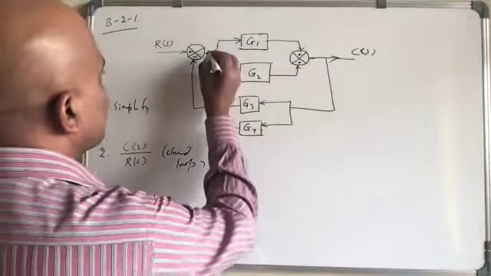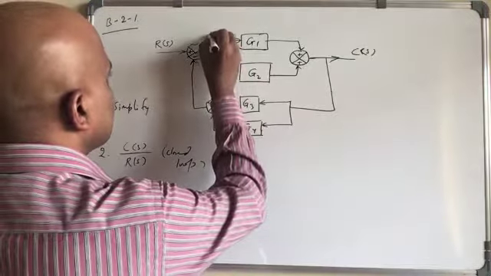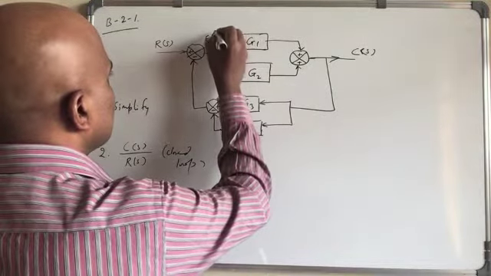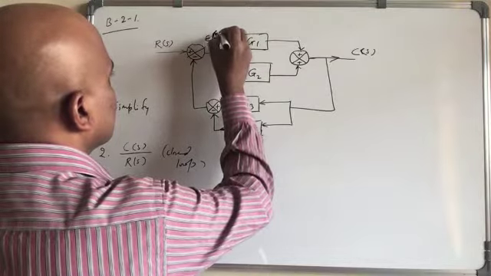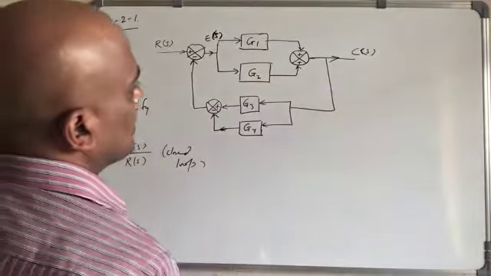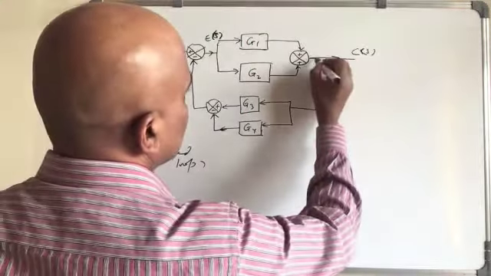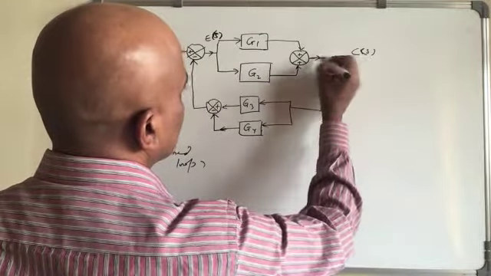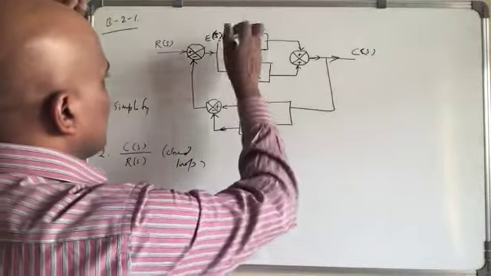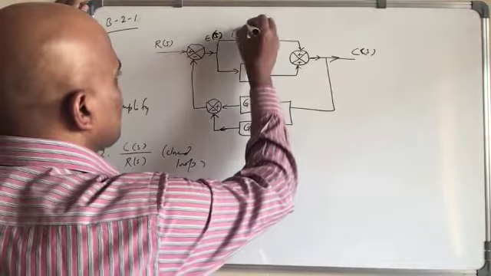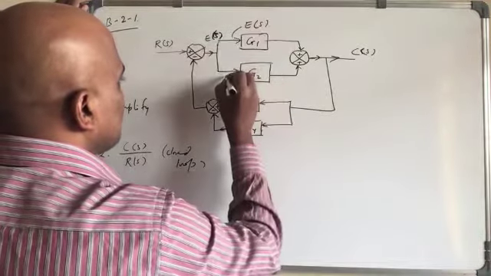So first I would write here E(s), this is the error. Here we have C(s), of course this is both C(s) only. So here also we have E(s), here also we have E(s).